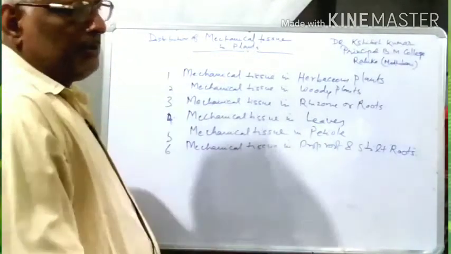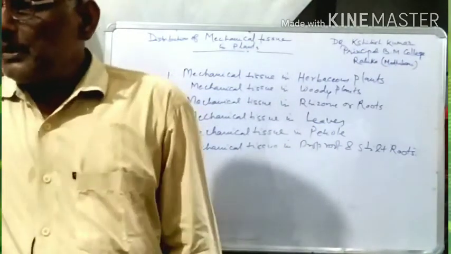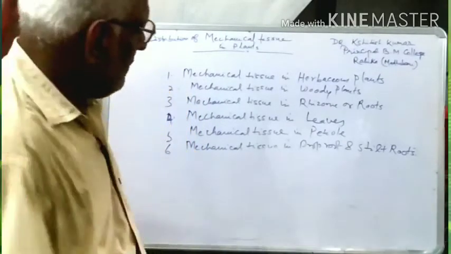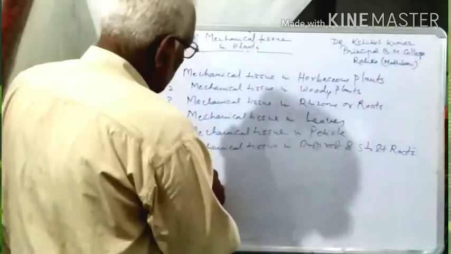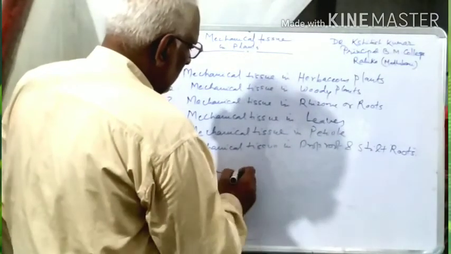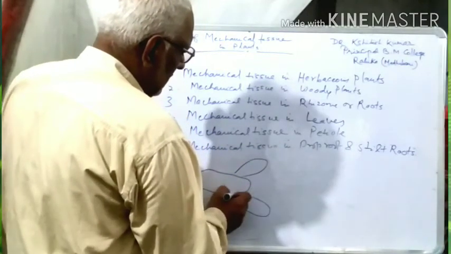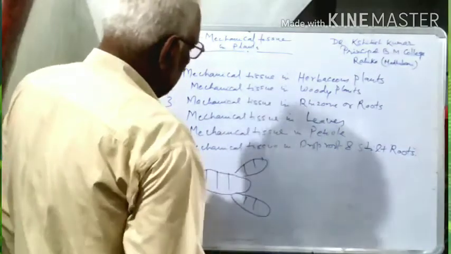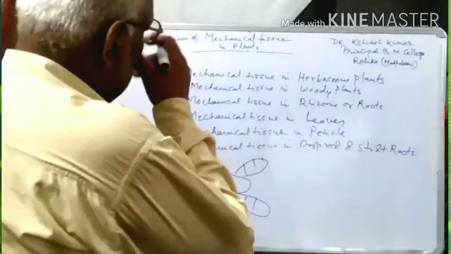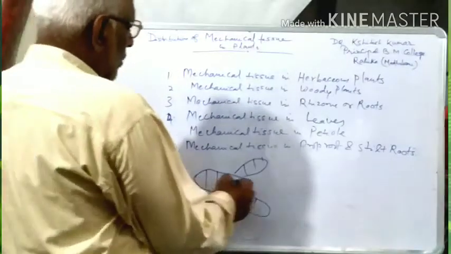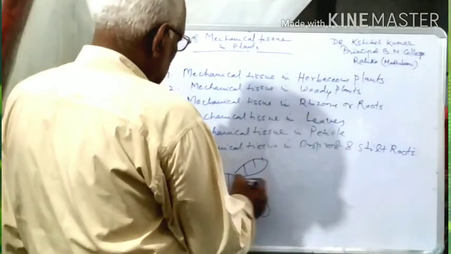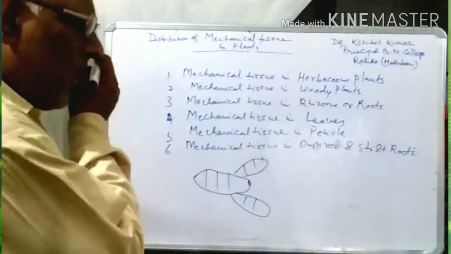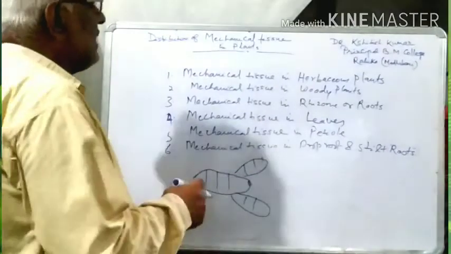Rhizome is a type of modified stem, that is the underground modification of a stem in which many nodes and internodes are found, and they generally grow inside the earth, soil, horizontally.